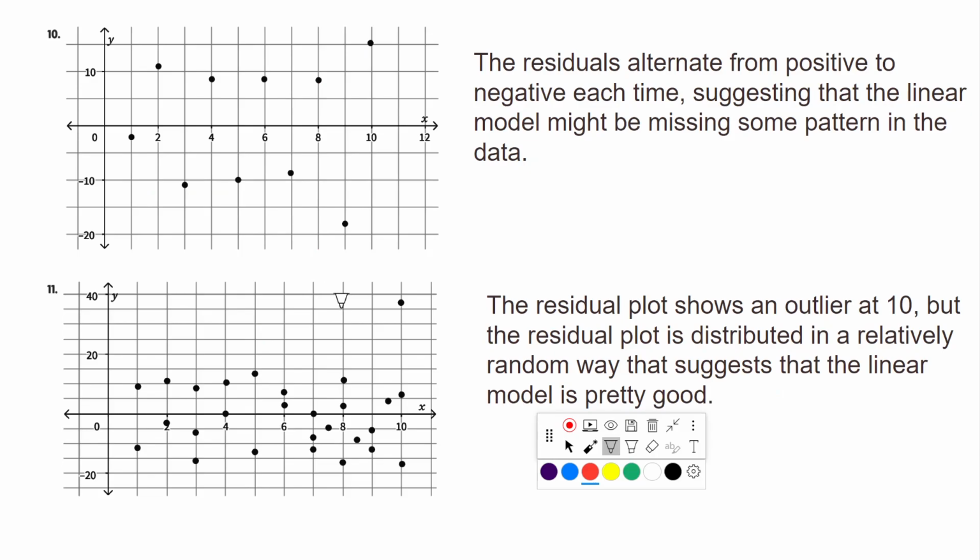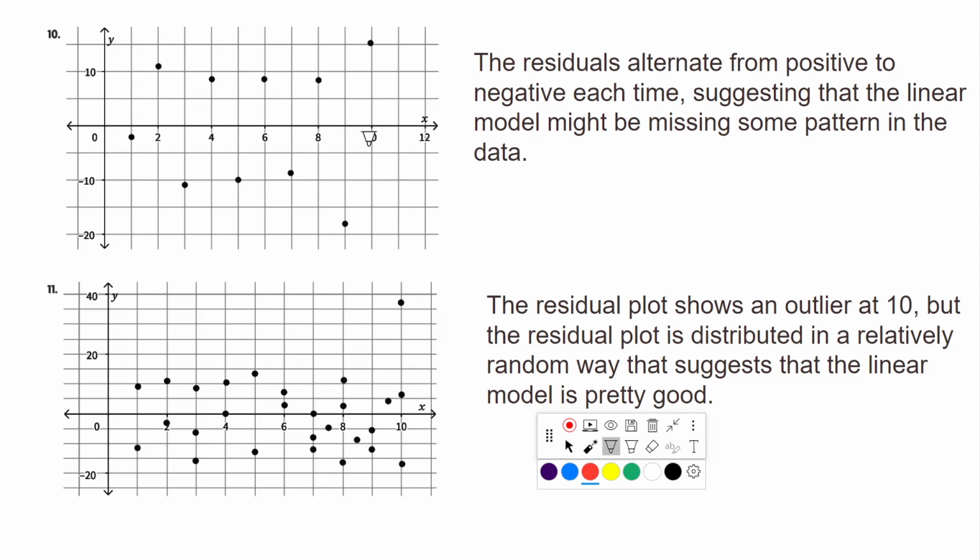The next data set, we have every other point, one is above, one is below. But I'm also looking at how far my data is from that x-axis, and we've got some pretty good jumps between points.